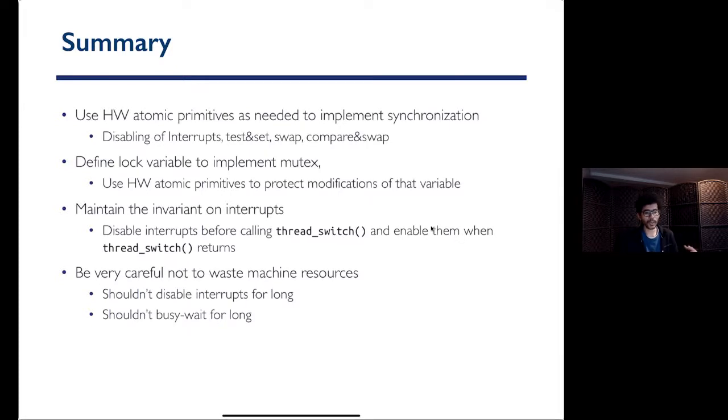We talked about how we can use disabling and enabling interrupts to ensure mutual exclusion, how we can then use atomic read, modify, store operations to implement spin locks, and then finally how we can use spin locks to implement mutexes, semaphores, and condition variables.